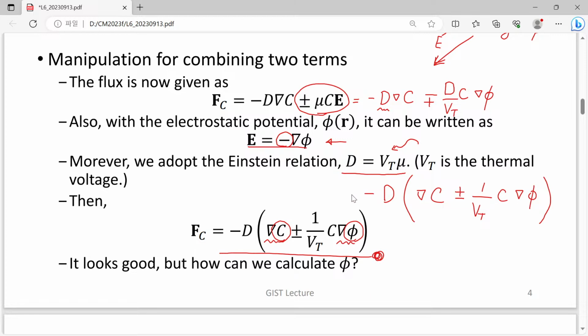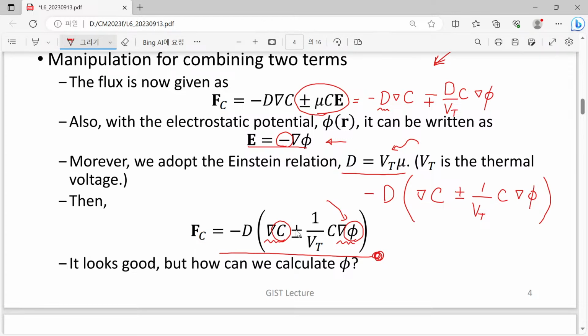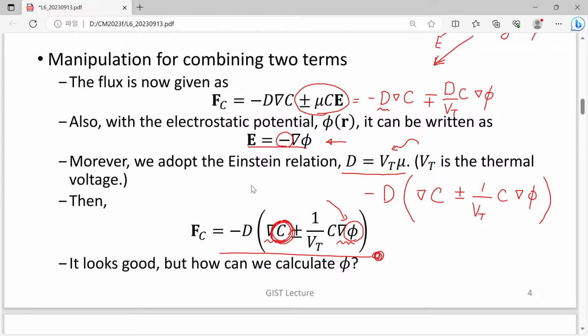But who gives you the answer for electrostatic potential? This concentration itself is our unknown variable.